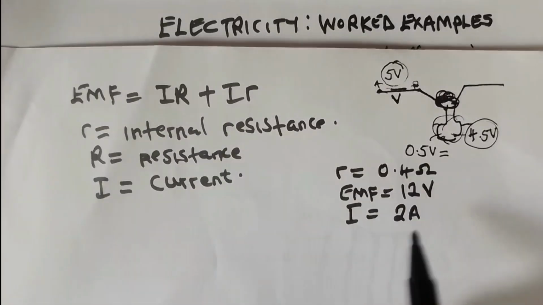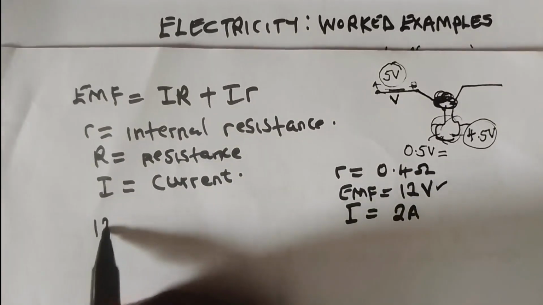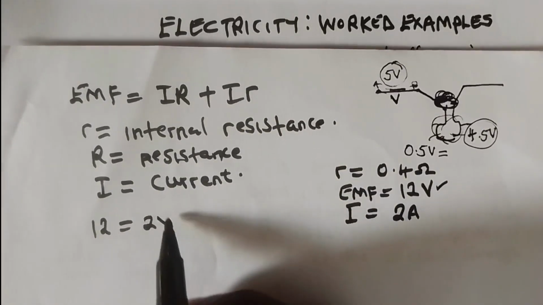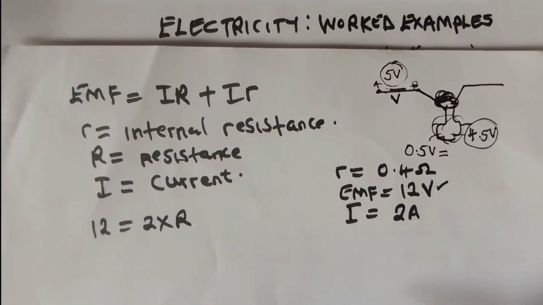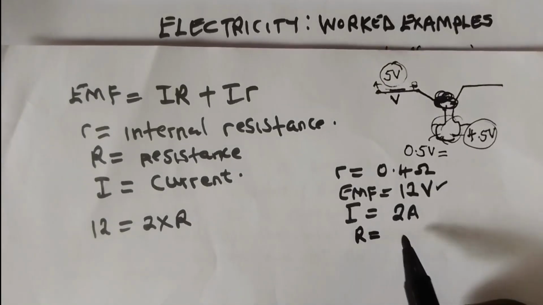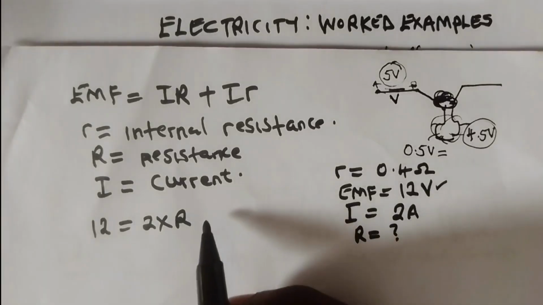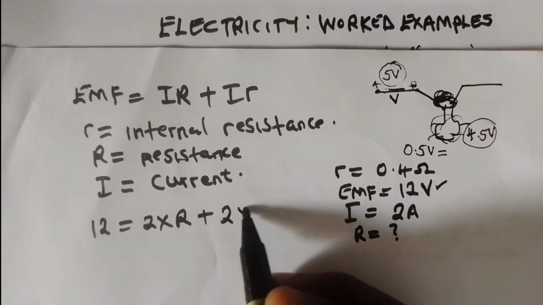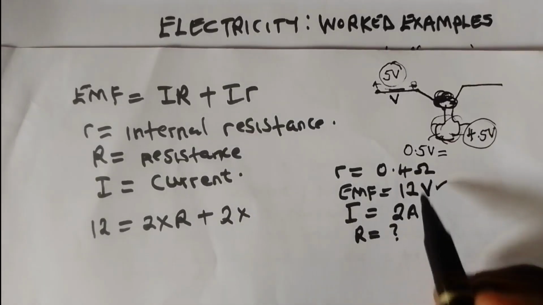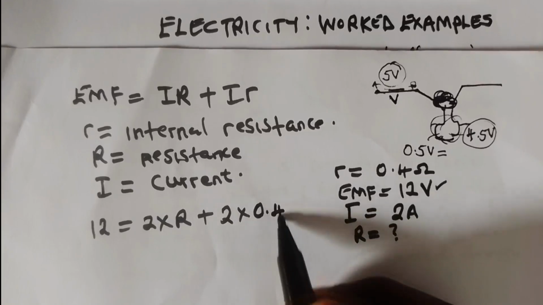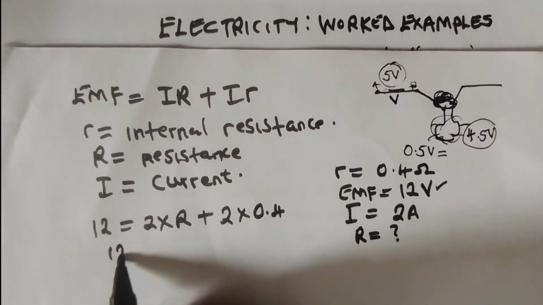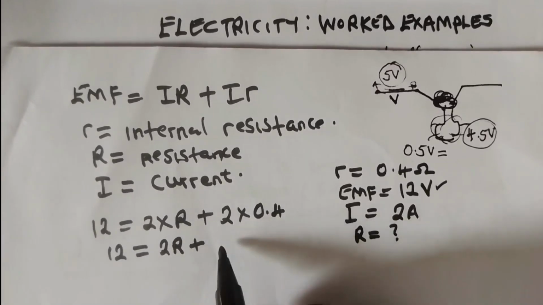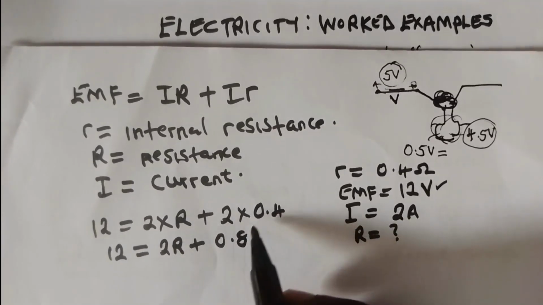We know that the EMF is 12 volts, so 12 equals I, which is 2, multiplied by capital R, the resistance, which we don't know, plus I, which is still 2, multiplied by small r, the internal resistance, 0.4. Once we simplify, this is going to be 2R plus 0.8.